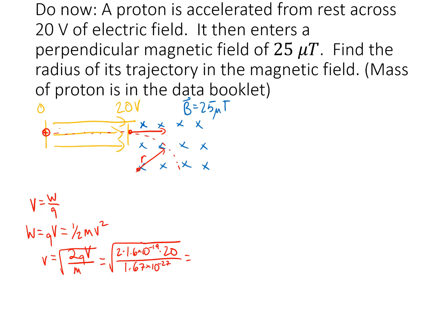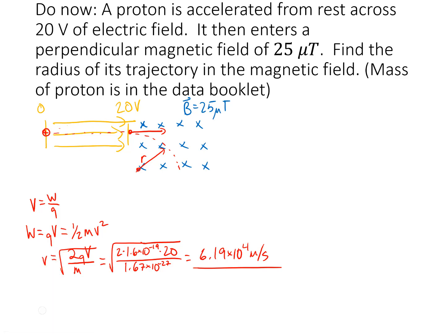So our velocity is going to be 6.19 times 10 to the 4 meters per second. That's the velocity upon entering our magnetic field.